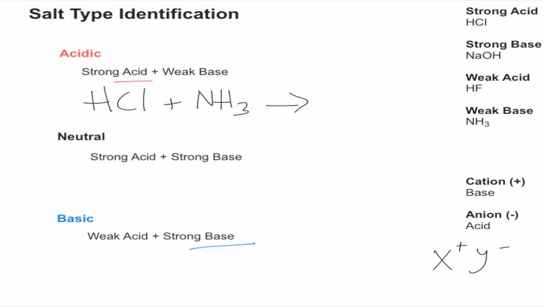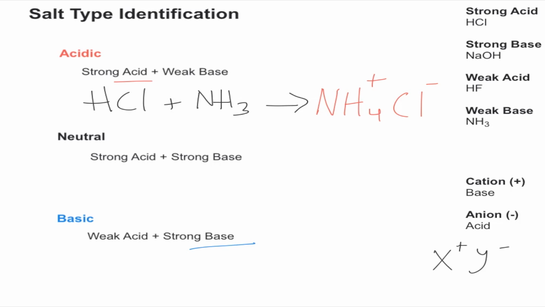And in this case, our acid HCl will protonate the ammonia, forming ammonium, NH4 plus. And as I said before, the Y minus or the anion is the acid, so that would just be our Cl minus. And that is our acidic salt, that is ammonium chloride.